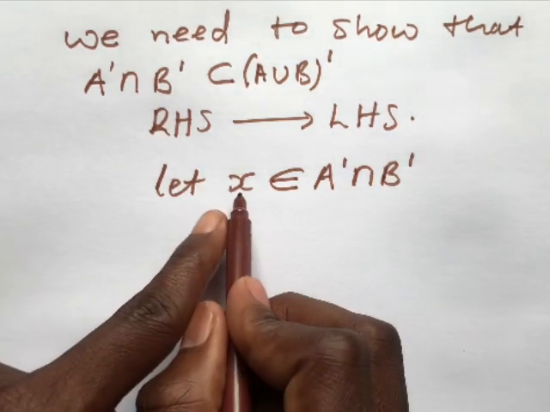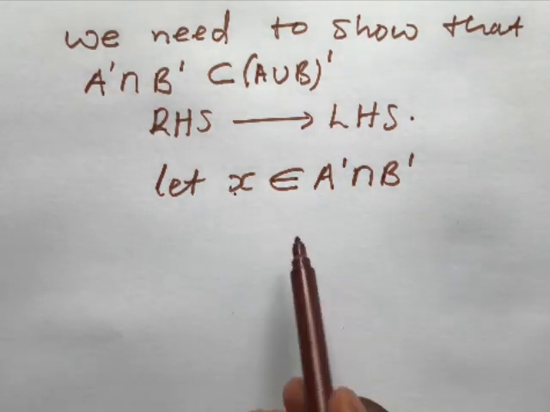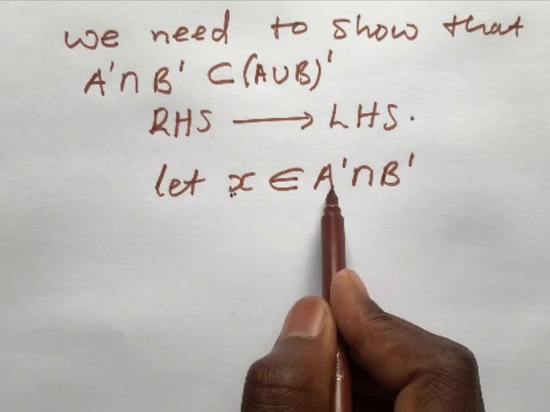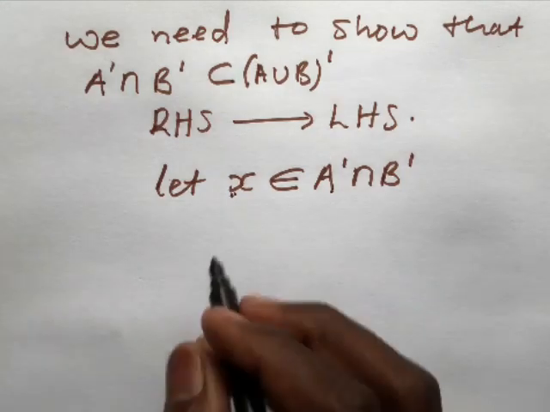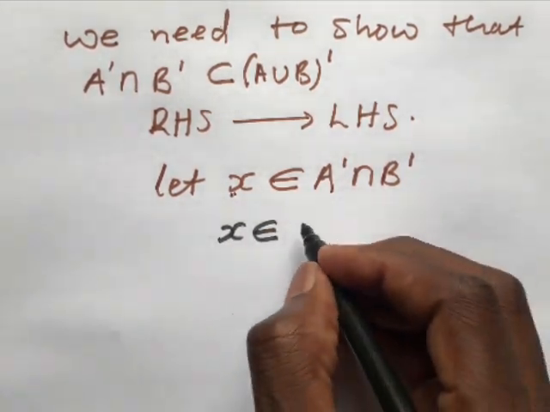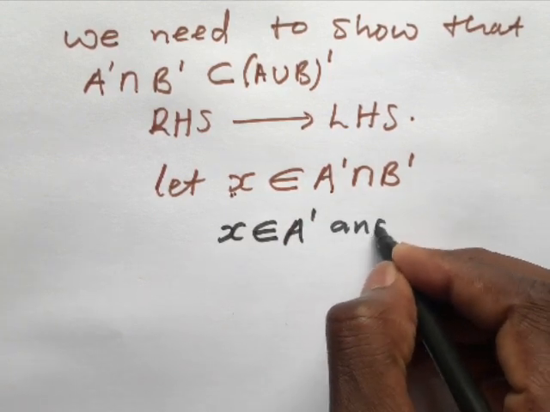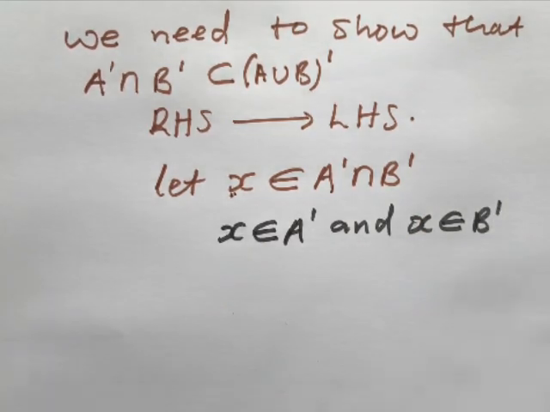So this thing has already been removed from the brackets. What you are supposed to do now is expand this together with that. Then this has to change from a symbol to a word. How do you change from a symbol to a word? x will definitely be a member of A complement, and x can also be a member of B complement.